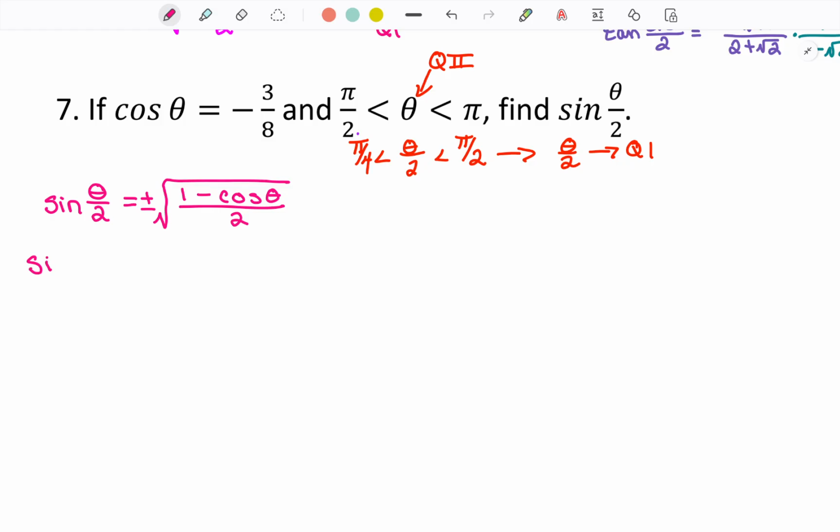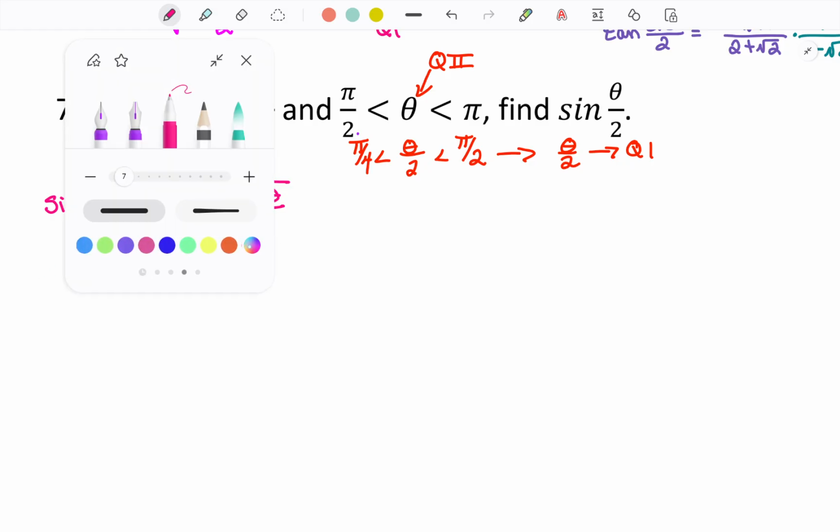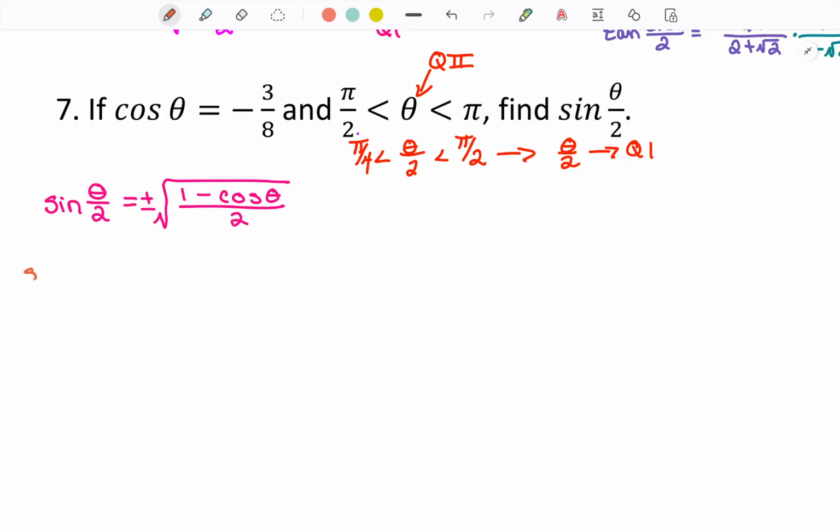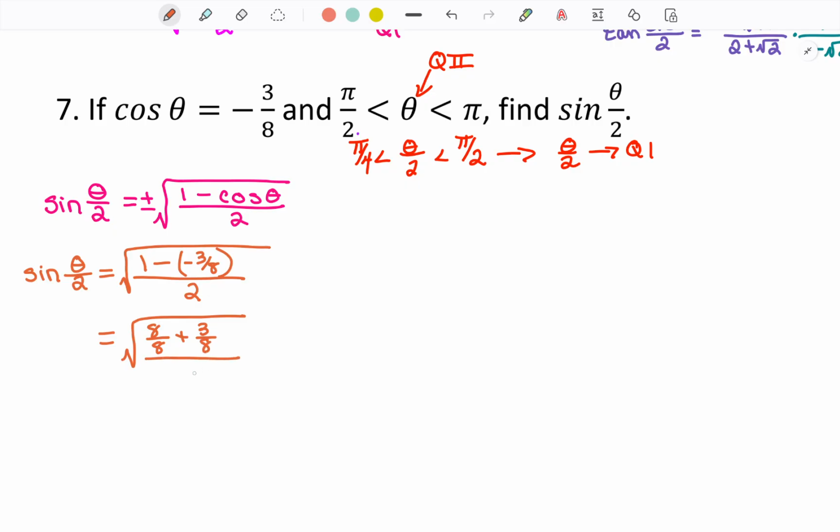And so the sine of theta over 2 is going to equal, and since we're in quadrant 1, I'm not going to worry about the plus and minus because we should be positive, the square root of 1 minus our cosine, which is a negative 3 over 8, all over 2. And so we are going to have 8 over 8, since that denominator was 8, plus 3 over 8, over 2.